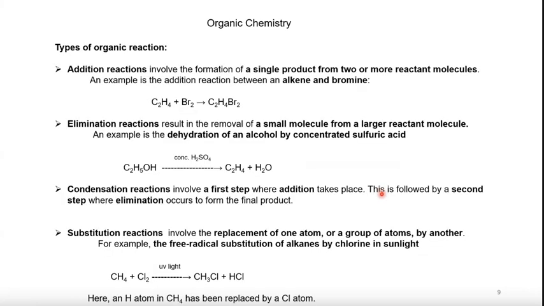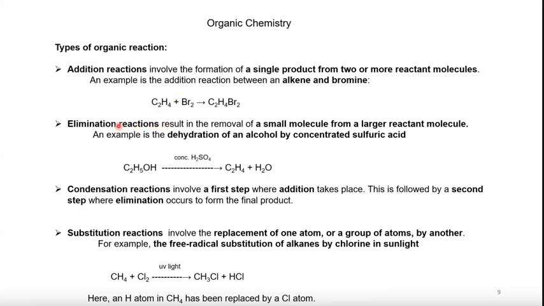Okay, then types of organic reactions I have been talking about. We said addition reactions, and we showed an example of a halogen alkane reacting with bromine. We get an addition reaction. What about elimination reactions?